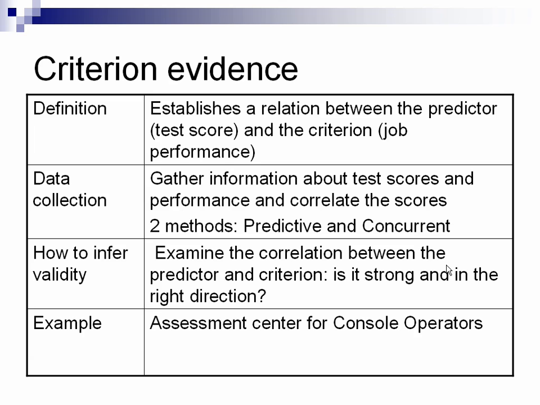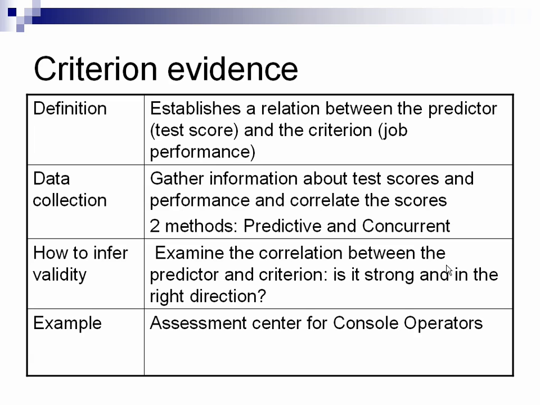One way that we can gather validity evidence is to collect criterion data, which in our case is job performance data. So what we simply do, again, like in the case of reliability, is we gather information about test scores and then performance, and then we correlate the scores. And again, if our correlation is high, then we have evidence of validity.